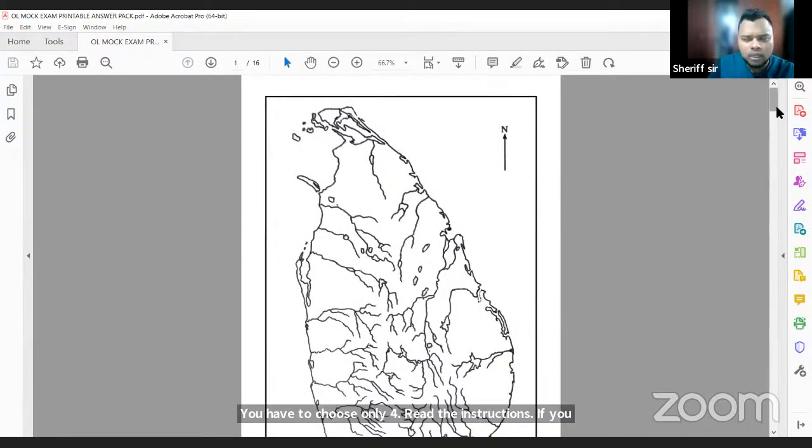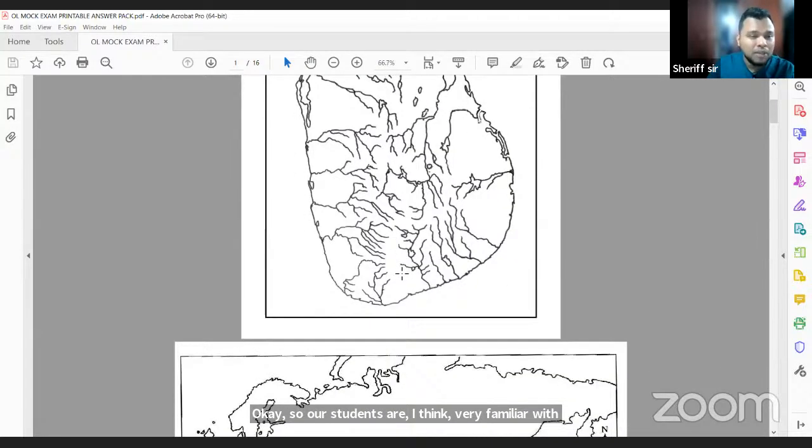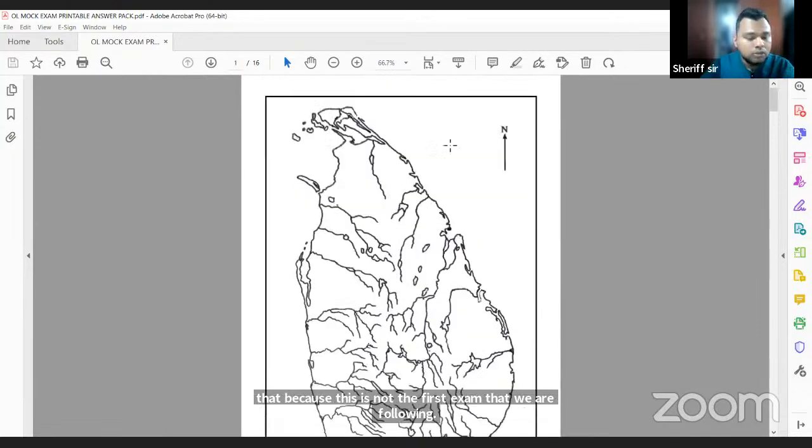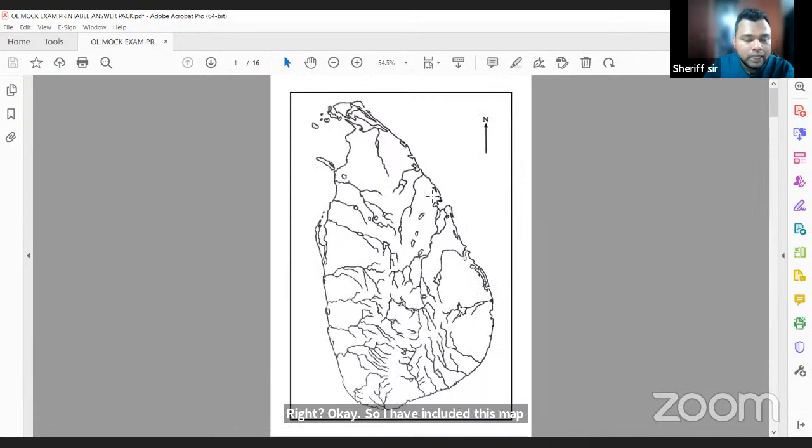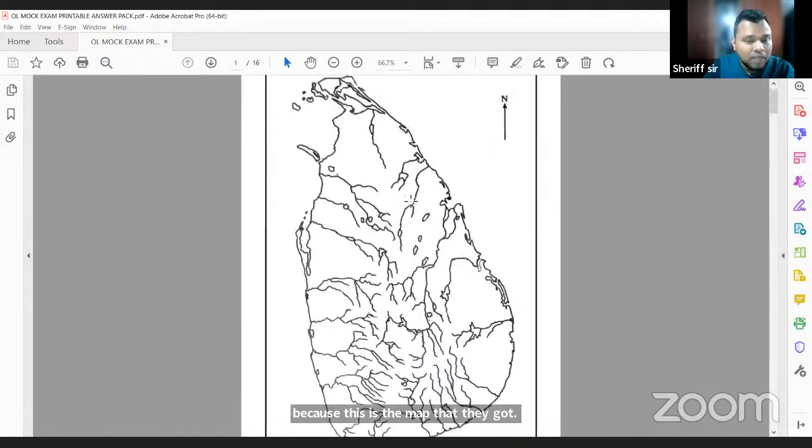Our students are very familiar with that, because this is not the first exam that we are following, and we have been doing past papers for the past several months. I have included this map this time, because this is the map that they gave in the 2021 O levels. This is the latest map that we have, but the map we have been discussing is very close to this.